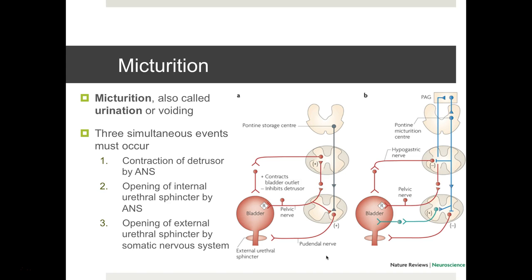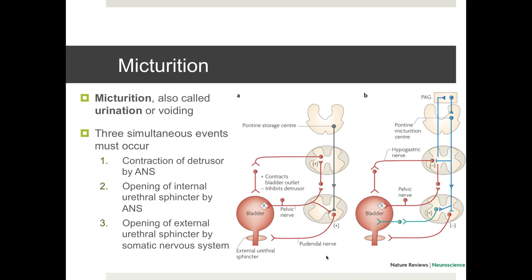So the last major topic we're going to talk about is micturition. This is also known as urination or voiding. And we have 3 simultaneous events that must occur. We have the contraction of our detrusor muscle. That was a part of our urinary bladder, and this is caused by our autonomic nervous system. Remember that our autonomic nervous system is really dealing with our motor neurons, and it's broken into our parasympathetic and sympathetic nervous systems.